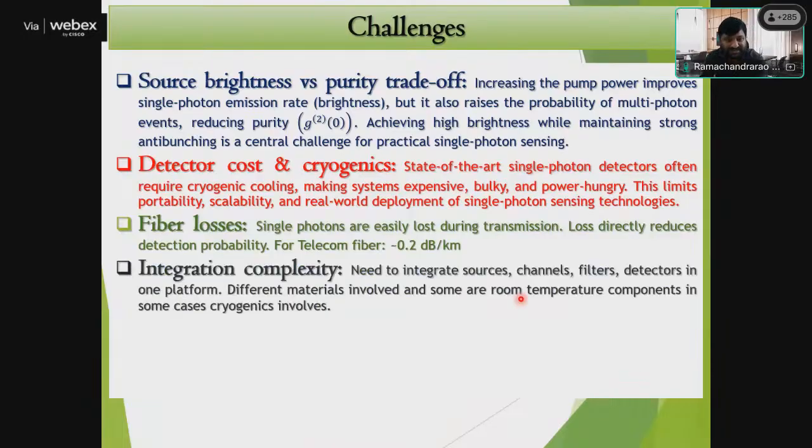Then the other one is integration complexity. You need to integrate the sources, and you need to integrate the channels, which are the quantum channels. You need to integrate the filters and detectors in one platform. The source works at room temperature, the detector works at cryogenic temperature, and the channel works at a different temperature.